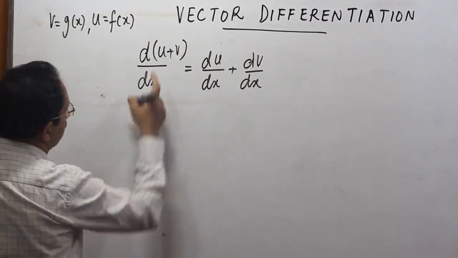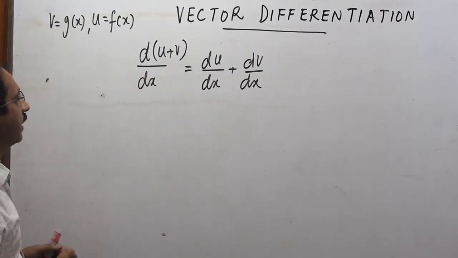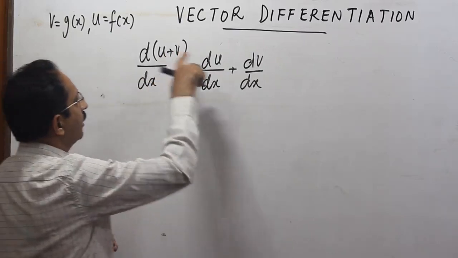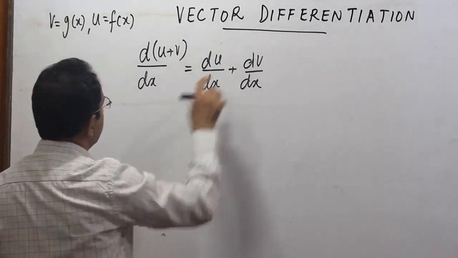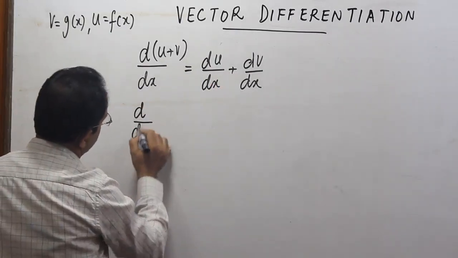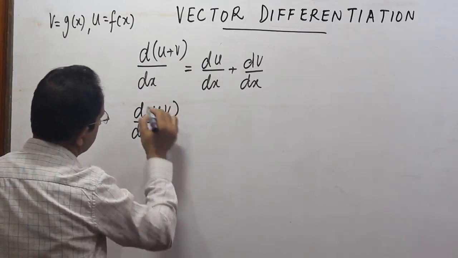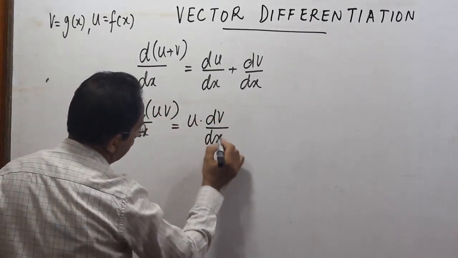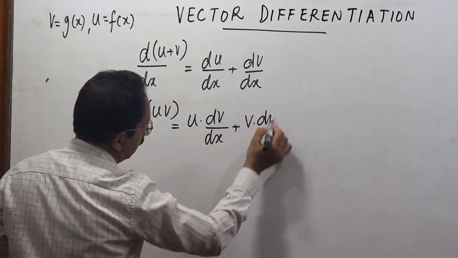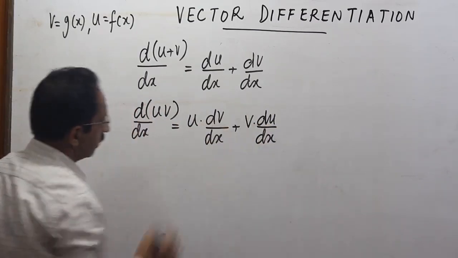If I have the plus sign replaced by minus sign, so this formula becomes true for subtraction as well. तो ये minus हो जाएगा. If I have derivative with respect to x of uv, then it would be first into derivative of second plus second into derivative of first, and so on.